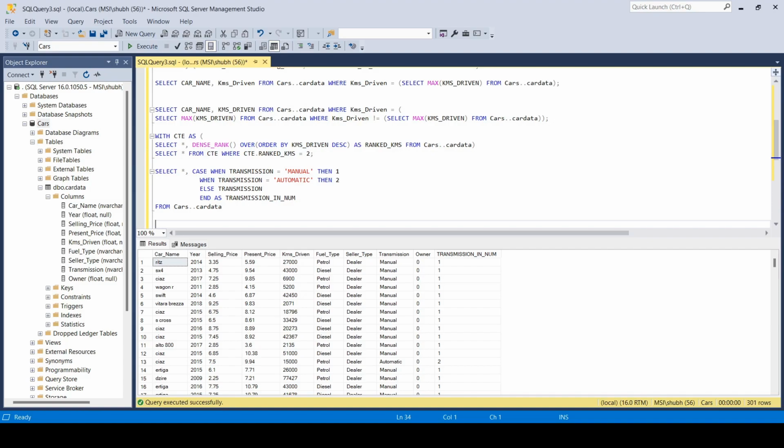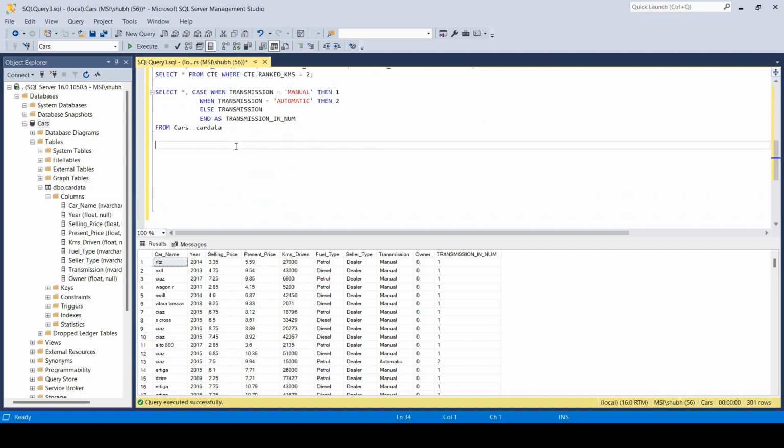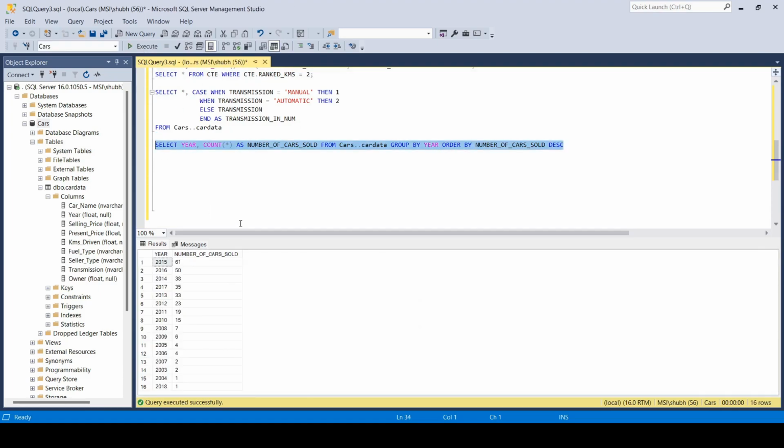Let's see the year. So here we have used group by year. So let's see the year where the number of cars sold was highest. So 2015 was the year where the maximum number of cars were sold, and 2018 only one.